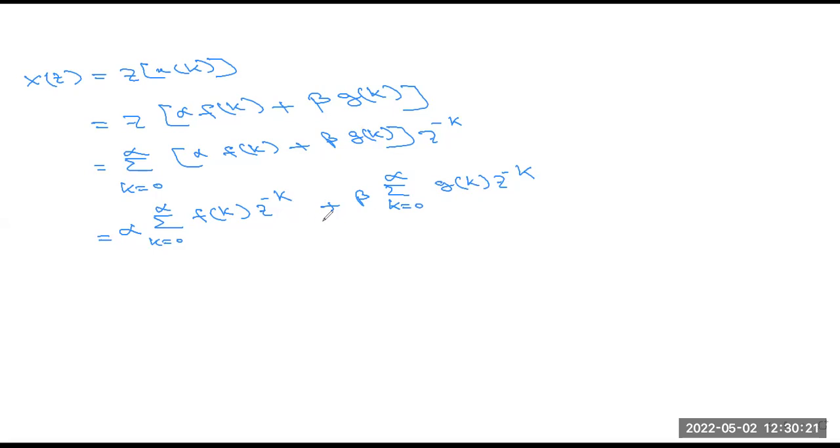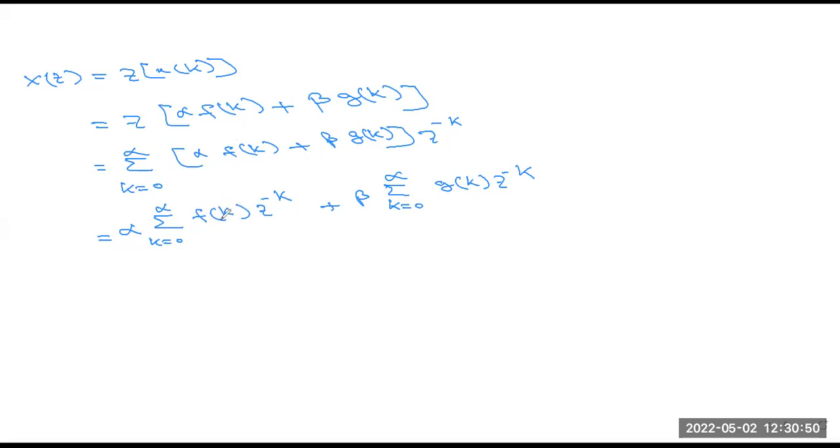Anyone please tell me, this is basically the first term, and this is the second part. So this is the rule we have to apply. What is the rule? This is basically the shifting rule, because this is one complete function, and we convert this equation using the shifting rule.